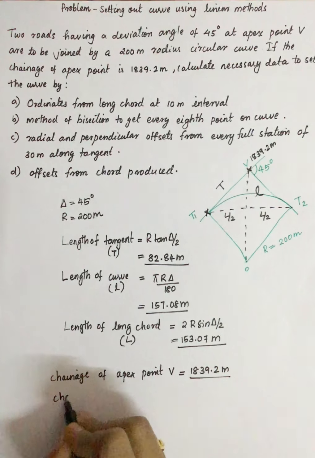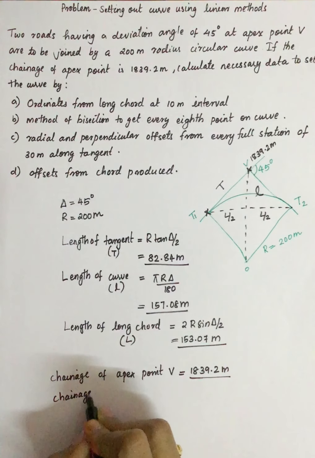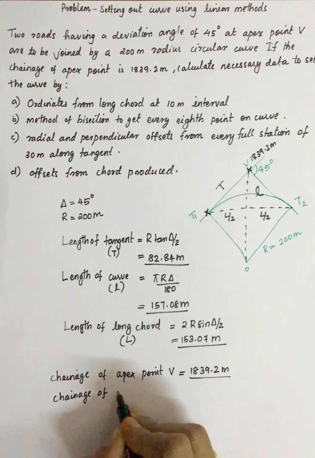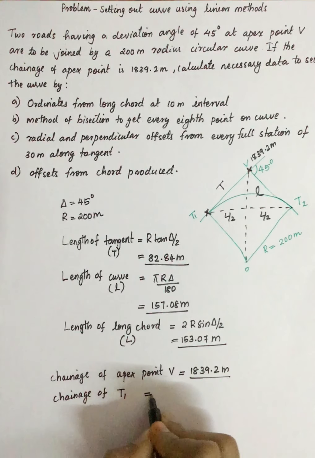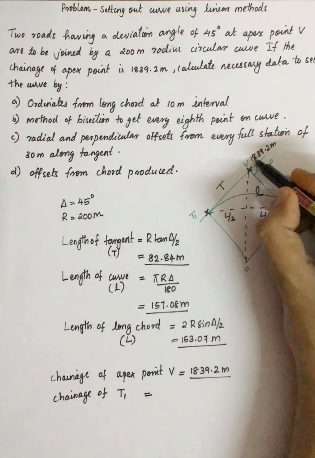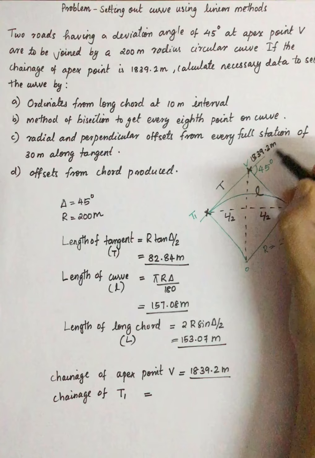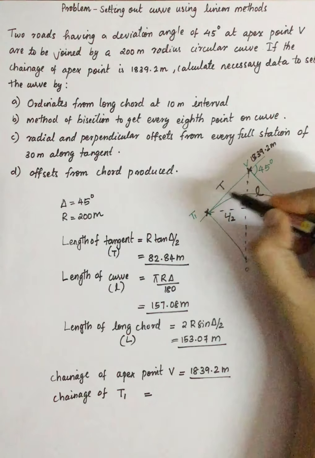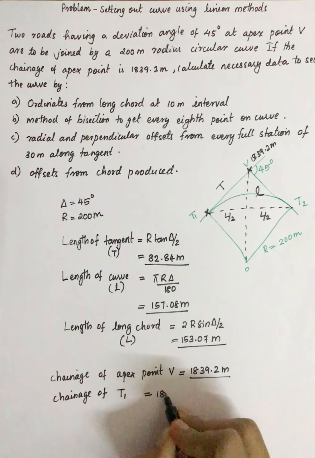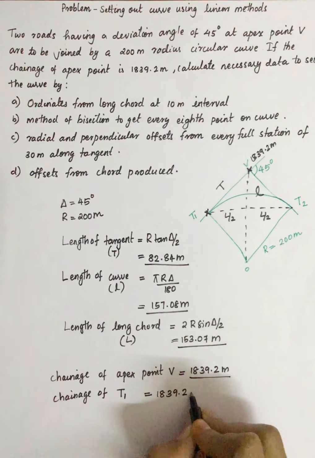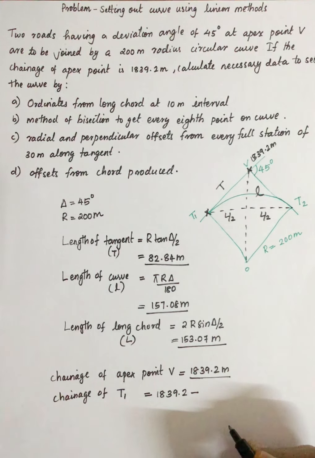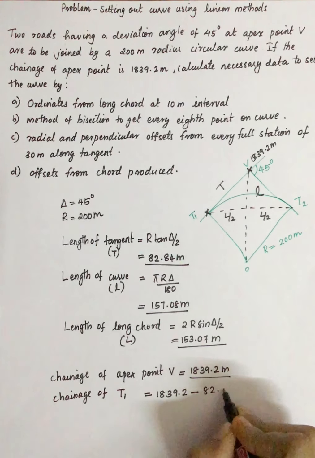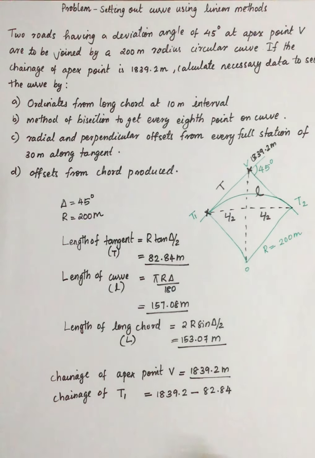How much is chainage of T1, point of curvature T1? From 1839.2 you can deduct this length of tangent, isn't it? So 1839.2 meters minus length of the tangent, 82.84 meters.